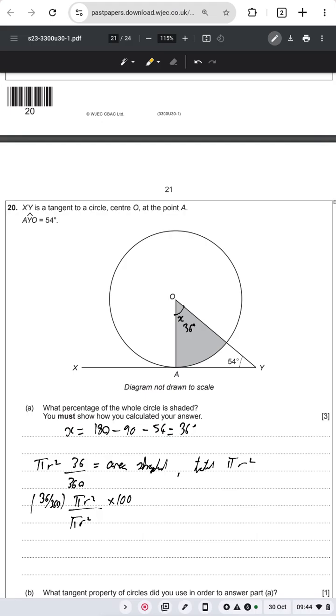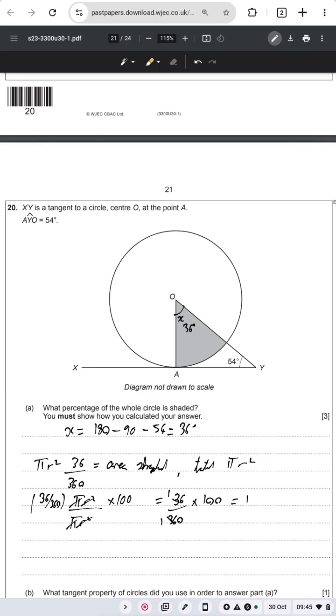So we end up with the r squared and the pi cancelling with the r squared and the pi. So we have 36 over 360 times by 100. So 36 goes into that once, 36 goes into this 10 times.